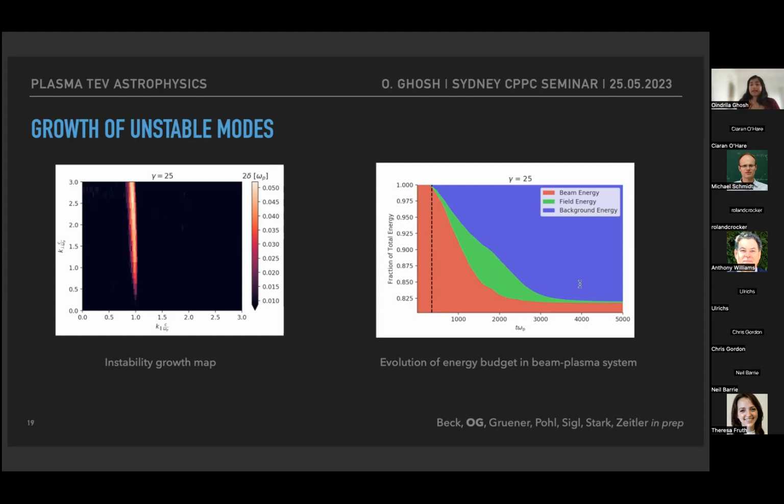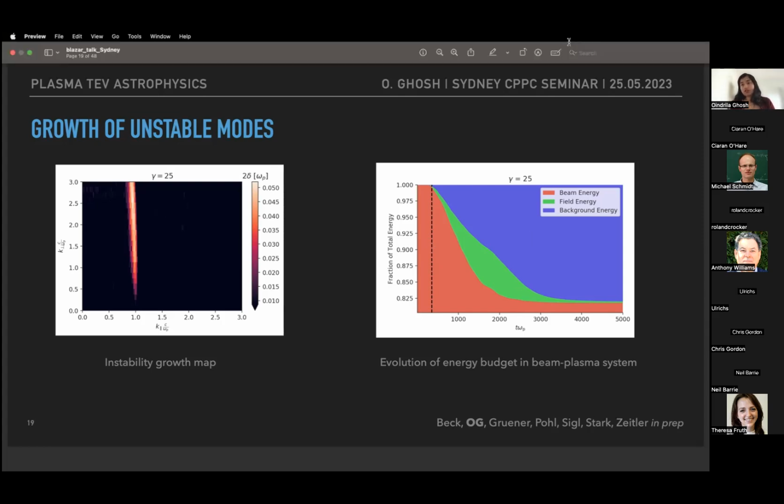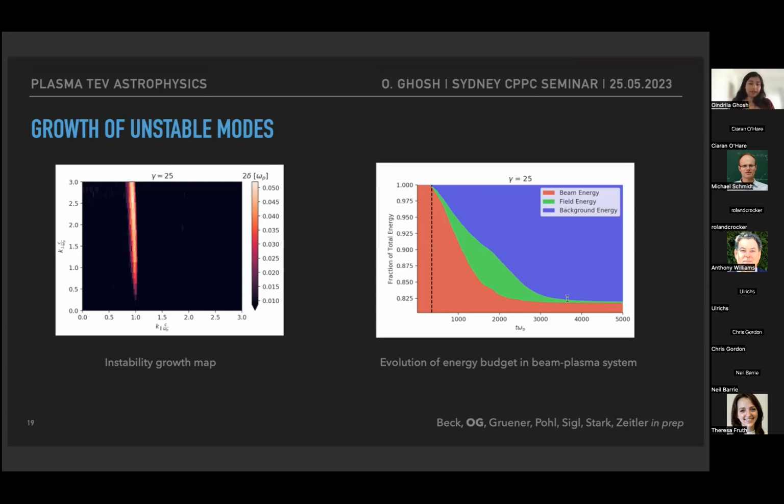So in the ideal case, you would not have this green chunk, which is the field energy. So all of the energy from the beam should be ending up in the background, but this is not the case in PIC simulations because of the limiting resolution of these simulations.